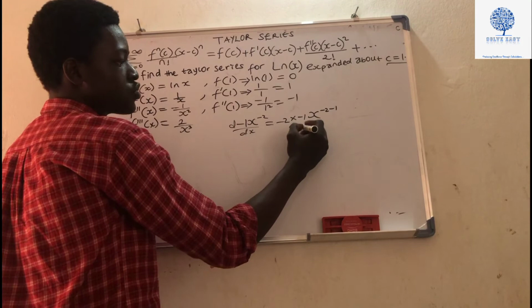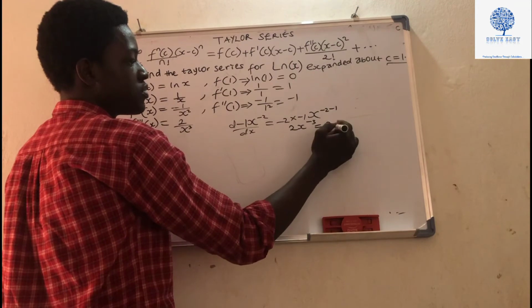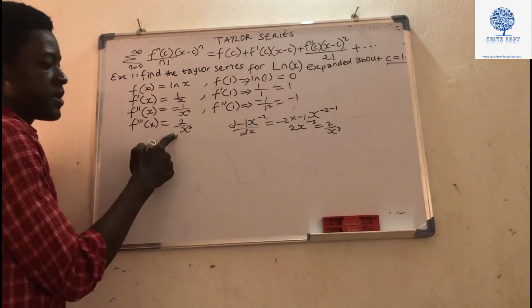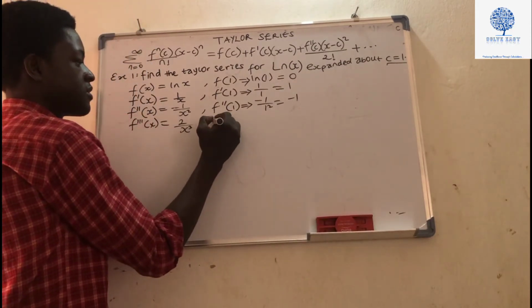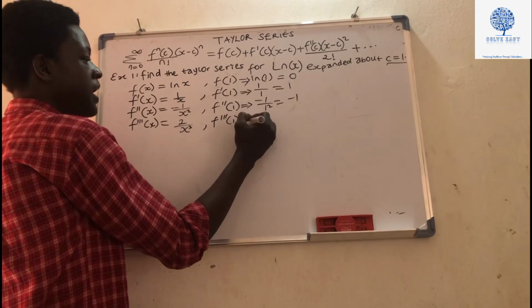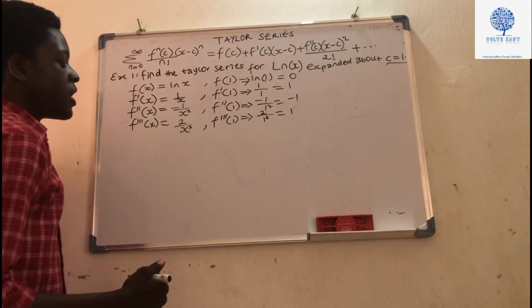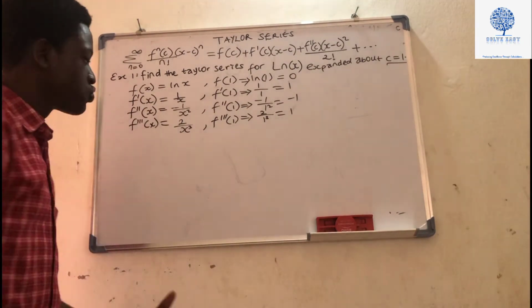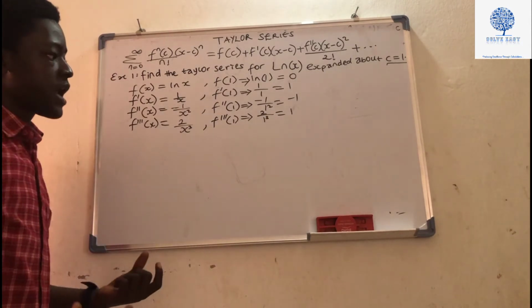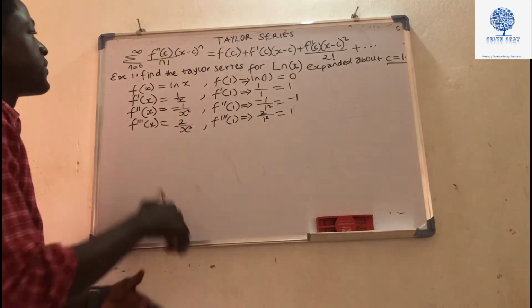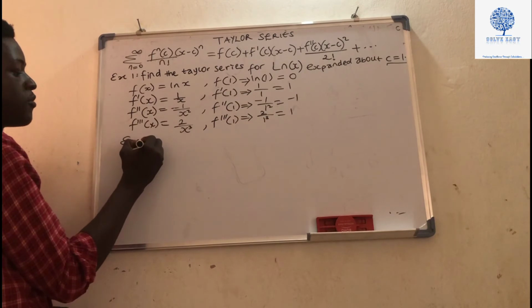This gives us 2x to the power of minus 3, which is equal to 2 divided by x cubed, which is the same as what we have. Now this gives us f triple prime of 1 implies 2 divided by 1 cubed, which is equal to 2. Now we could decide to do this as much as we would want to, but since we have the first one, second one, third one and fourth one, we could still do it the fourth time, the fifth time, or leave it this way.